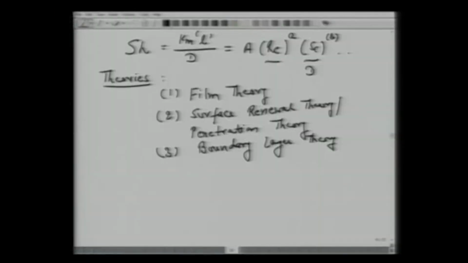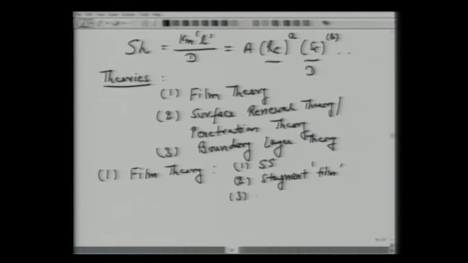The most common theory here is film theory, and the main postulates of this theory are that we assume there is a steady state. One, we have a stagnant film, which is a kind of hypothetical film, and we assume that the concentration in this film is linear.